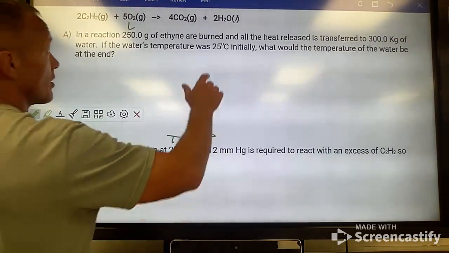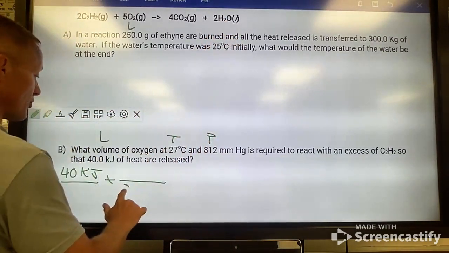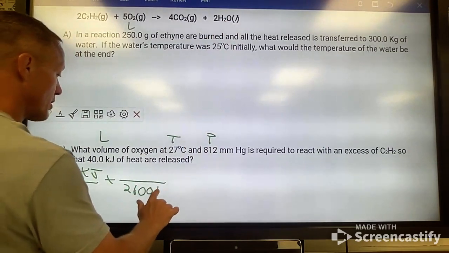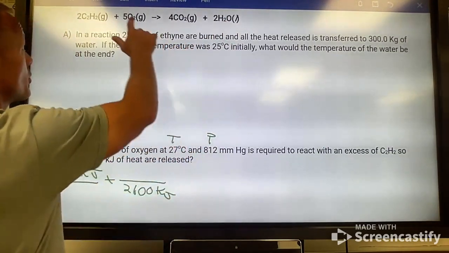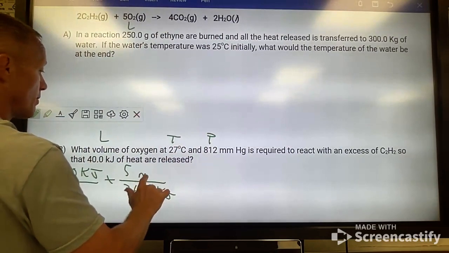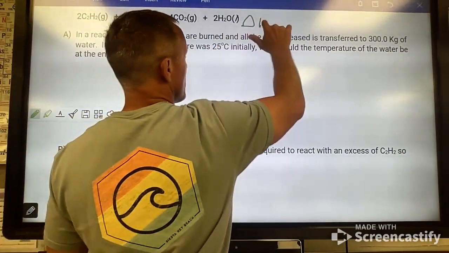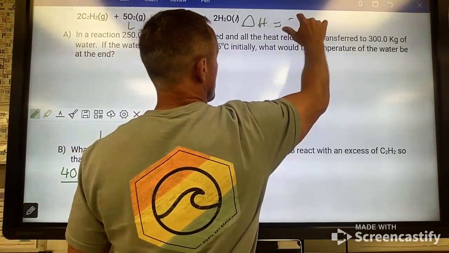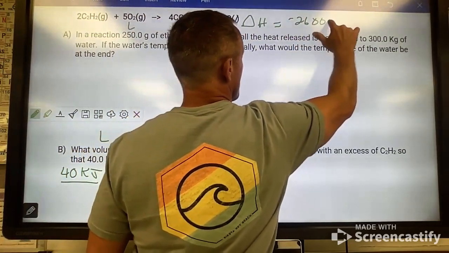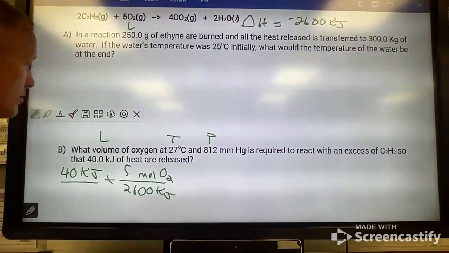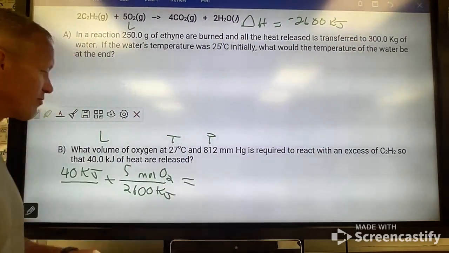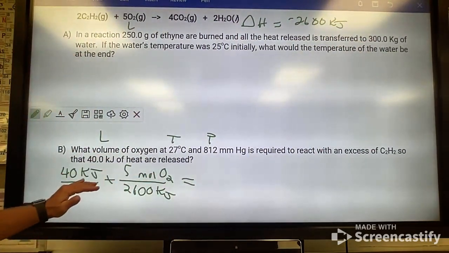So our delta H, remember, was 2,600, so we can say there's 2,600 kilojoules per 5 moles of oxygen. Remember, that was our delta H that was up here. So we can figure out how many moles of oxygen must have been used to make 40 kilojoules of heat.